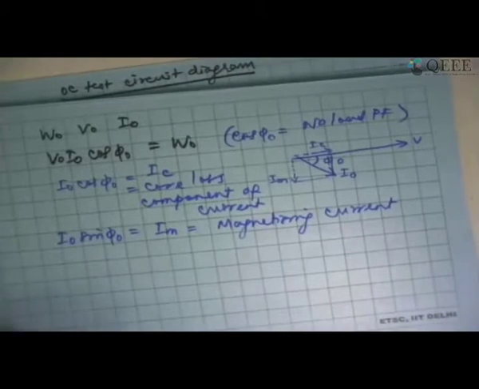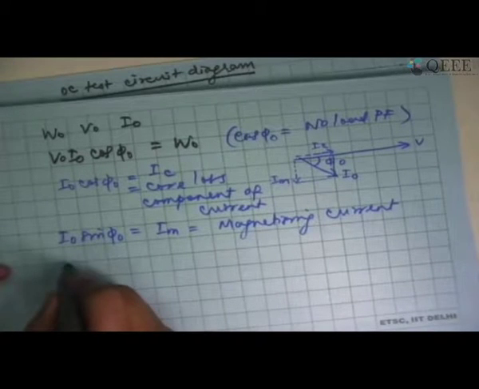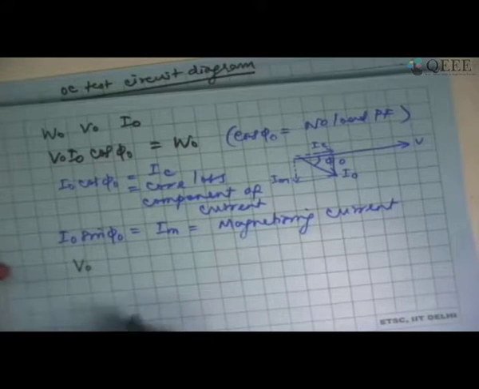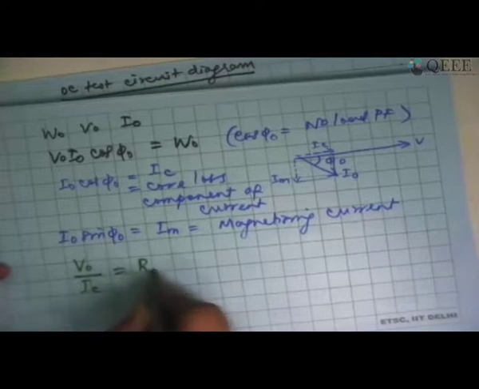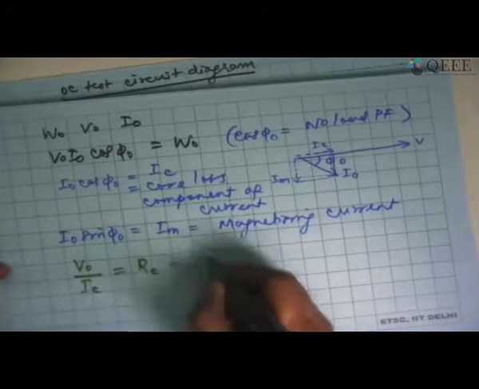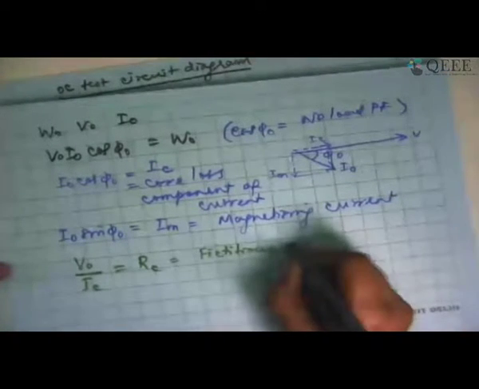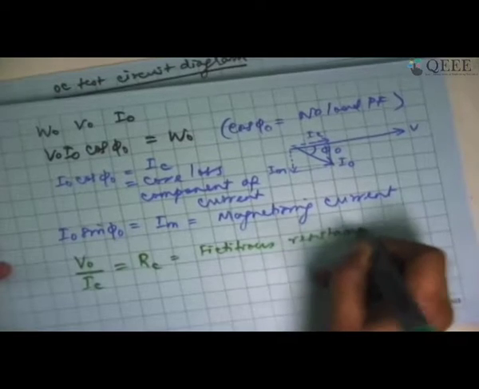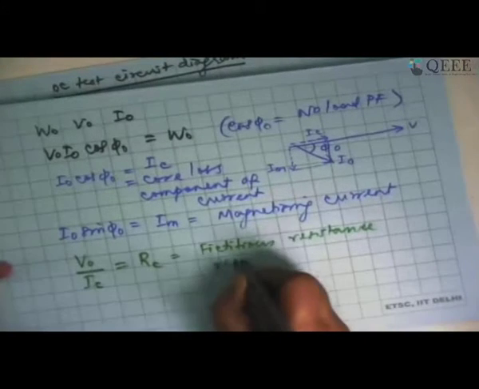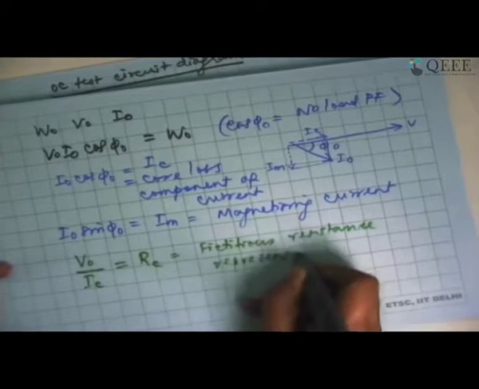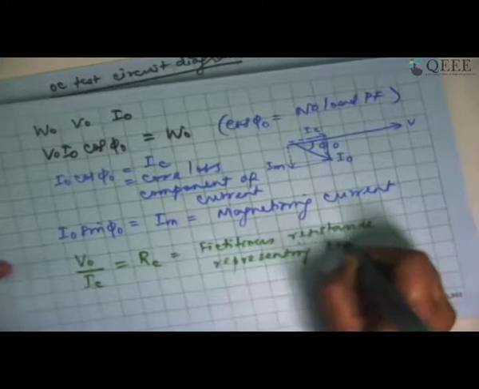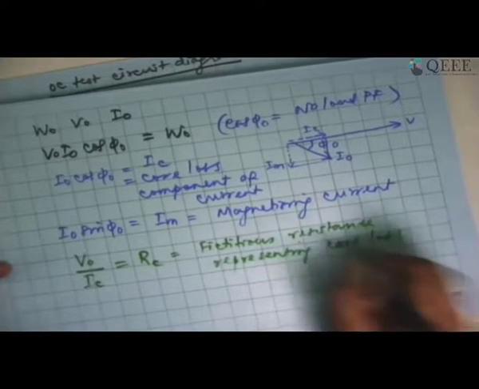So I have got the magnetizing current and the core loss component of current. I should now be able to write that the applied voltage V0 divided by Ic will give me Rc, which is the fictitious resistance representing the core loss.